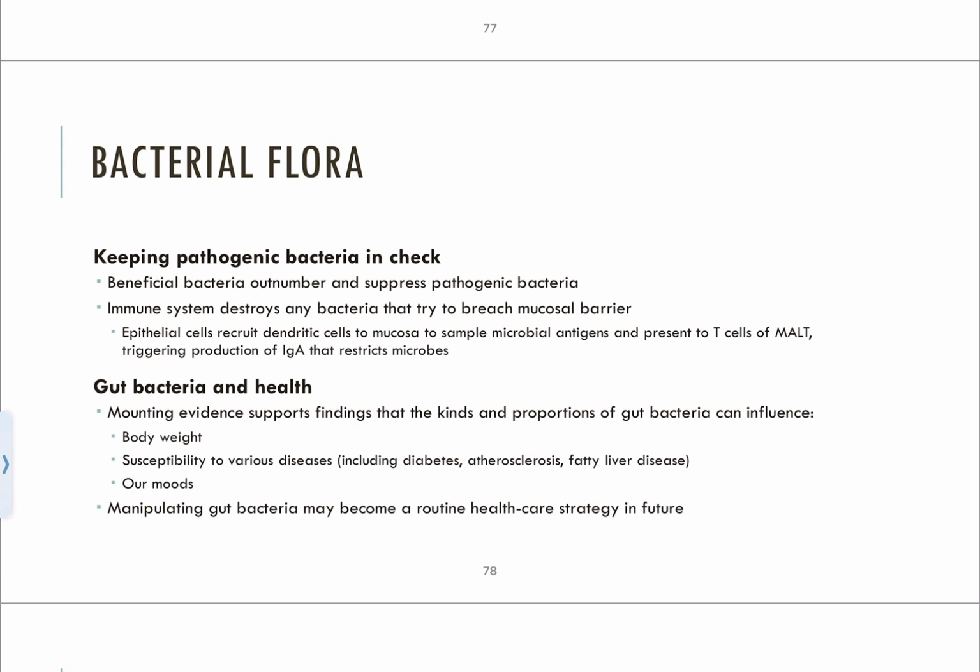There are huge benefits of gut bacteria to our health. There's evidence finding that the kinds and proportions of gut bacteria can influence your body weight and susceptibility to various diseases, including diabetes.